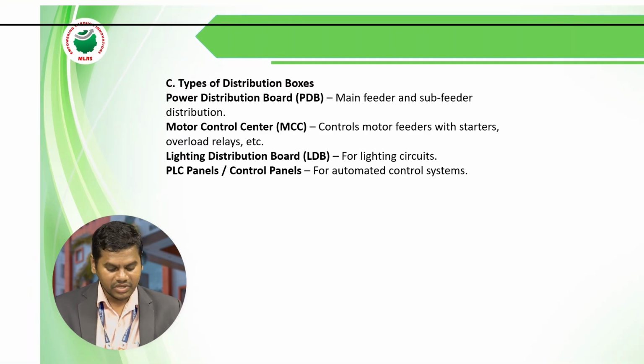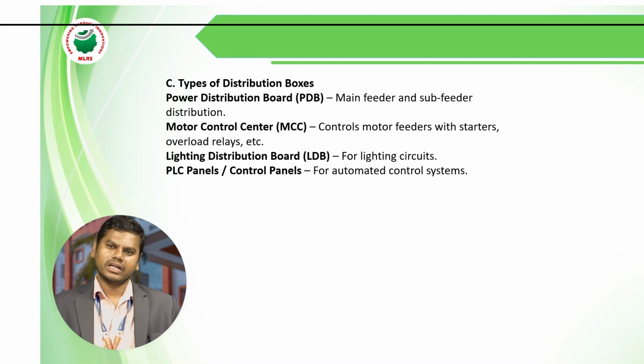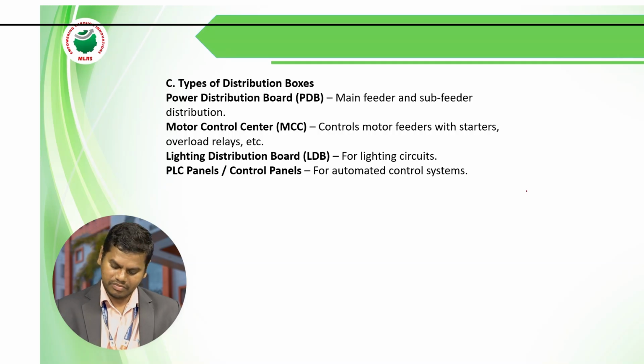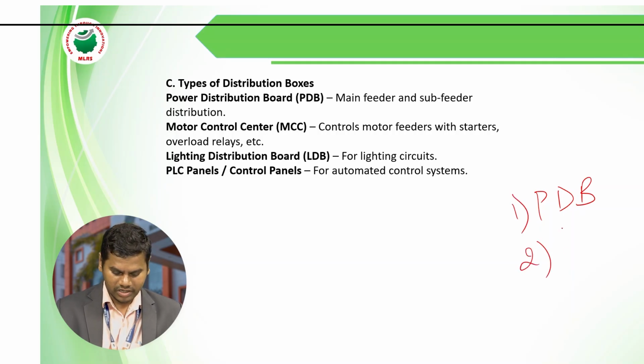Now the types of distribution boxes, or types of panel boxes. The first one is the power distribution board, PDB. The second one is the motor control center, MCC.